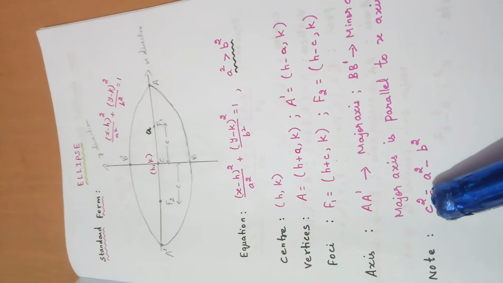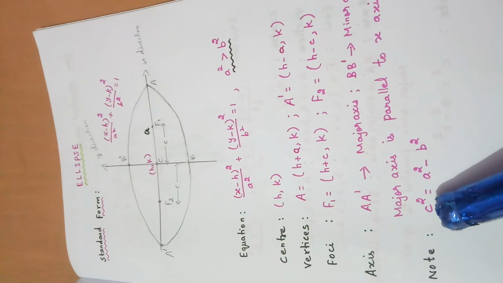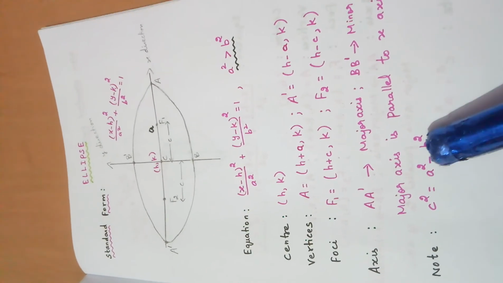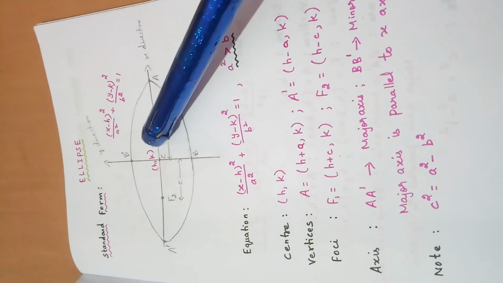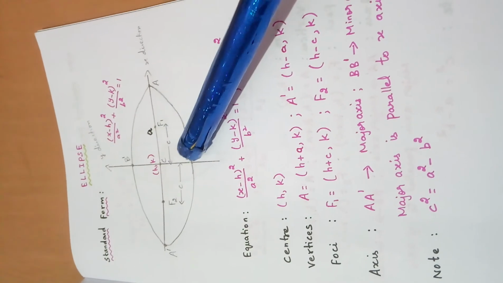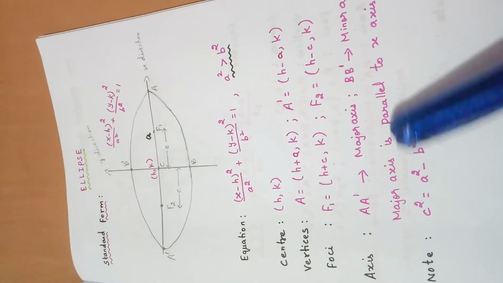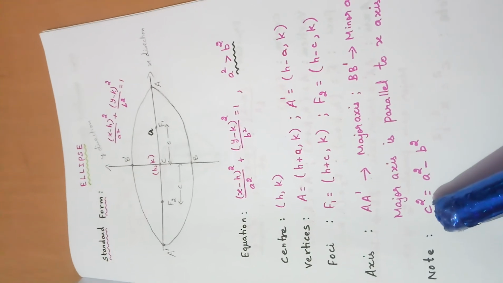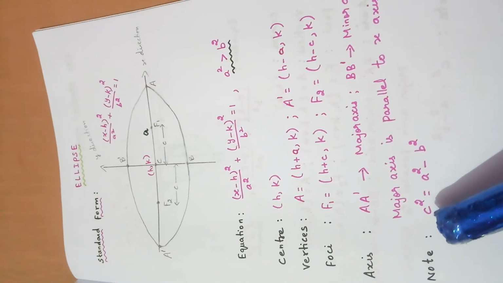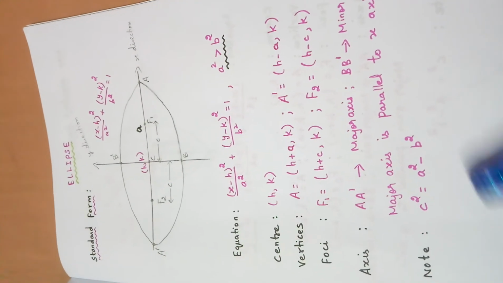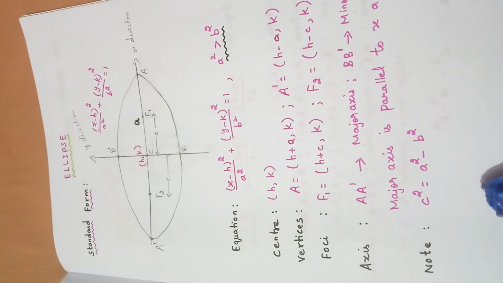C is the distance between center and focus. A is the distance between center and vertex. B is the distance between center and this coordinate B. And connecting all the three terms, A, B and C, the formula is c square is equal to a square minus b square.